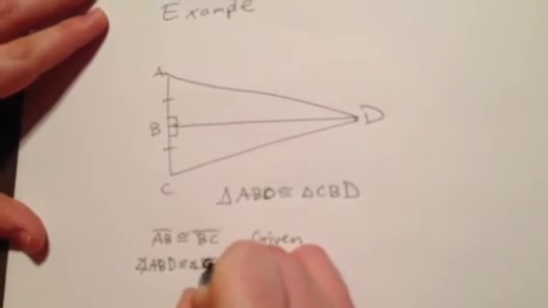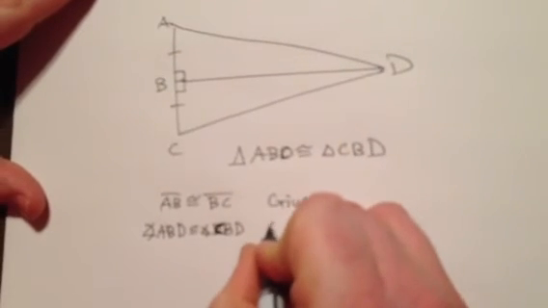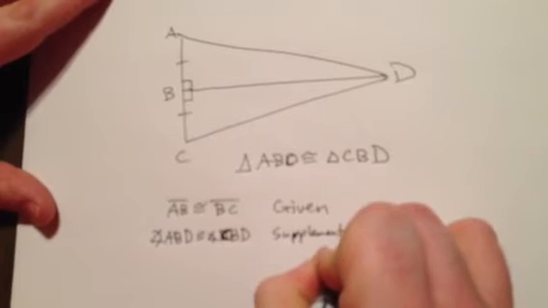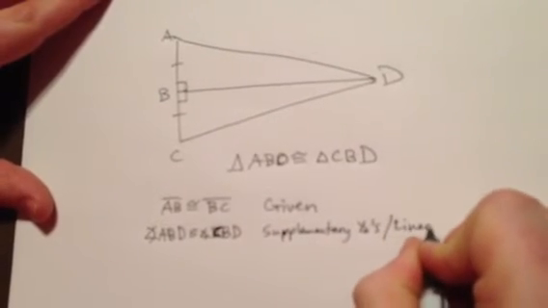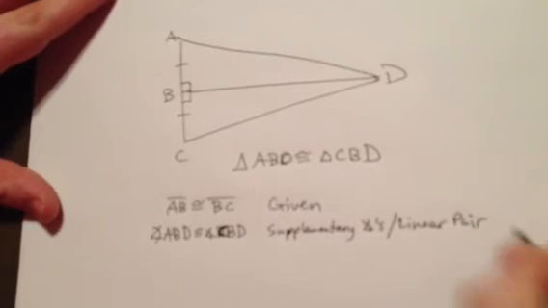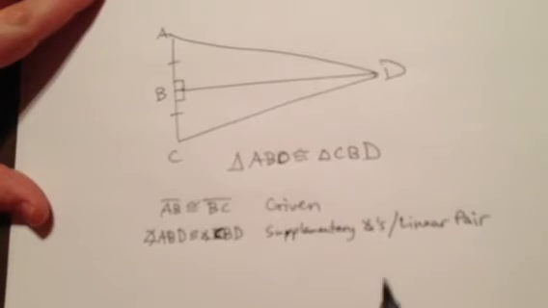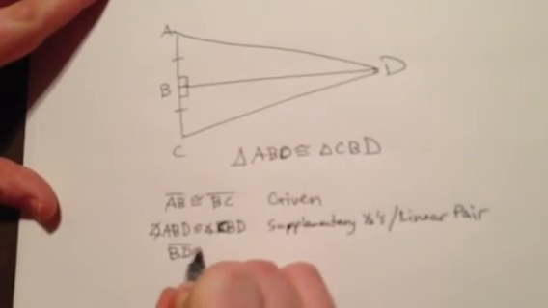Oops, that's a D. That's a C, not a D. And so that is supplementary angles, or linear pair. Either one would work for this. And then lastly, I know that BD is congruent to itself by the reflexive property.